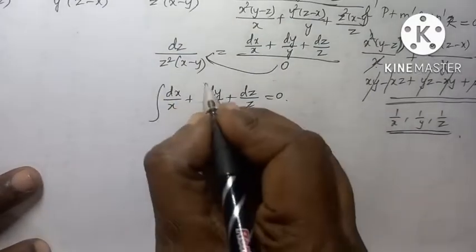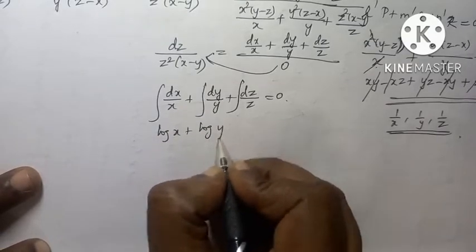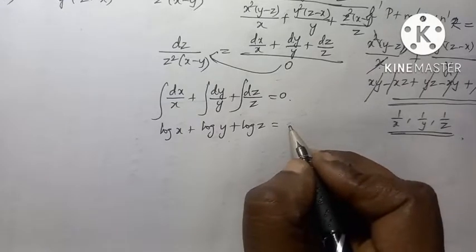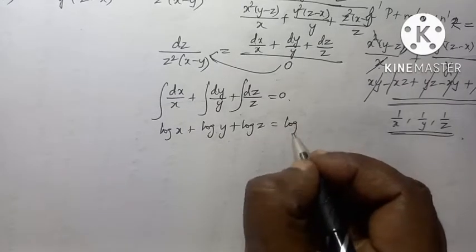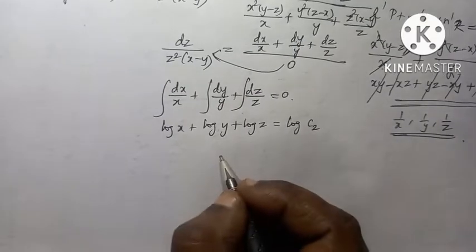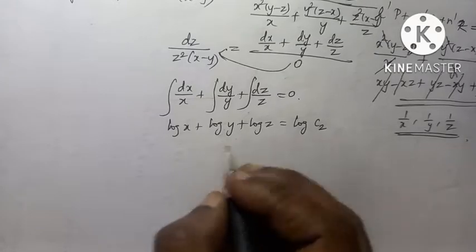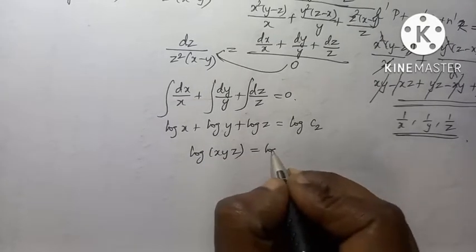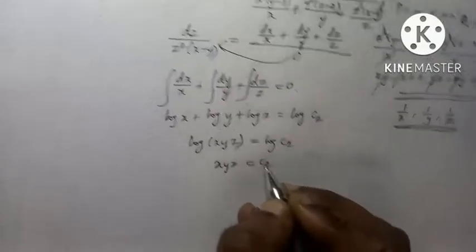dx by x plus dy by y plus dz by z is 0. Integrating: log x, log y, log z, which is equal to C2. Since all are in log, let us add the constant of integration as log C2. We know log A plus log B plus log C is log of ABC. So xyz is equal to C2.